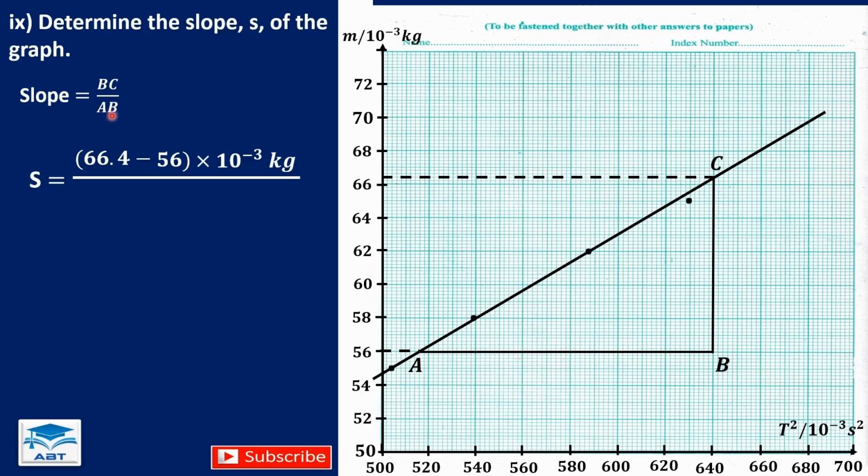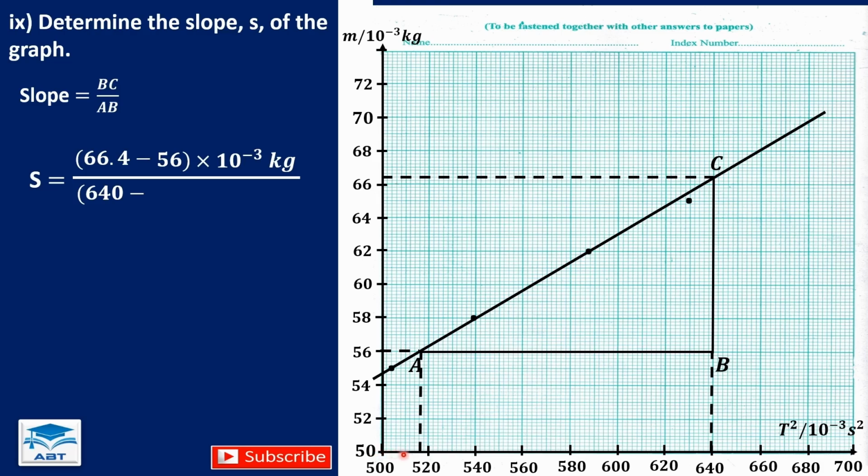For the change in AB, we have B minus A. For B, we have 640 minus here, one small box is going to be 2 over here.